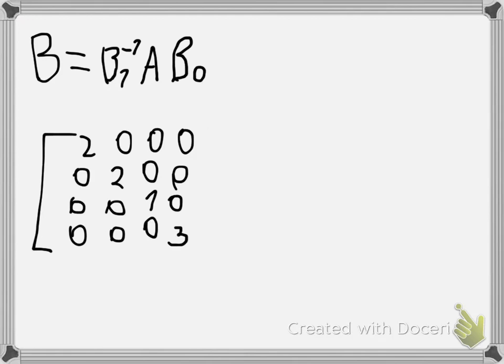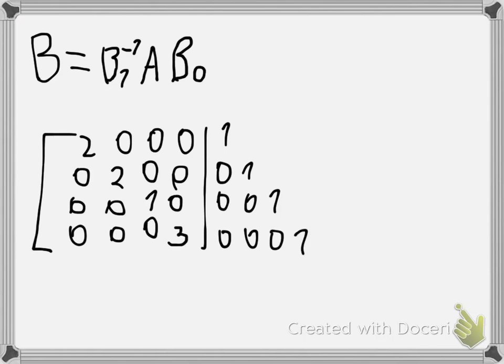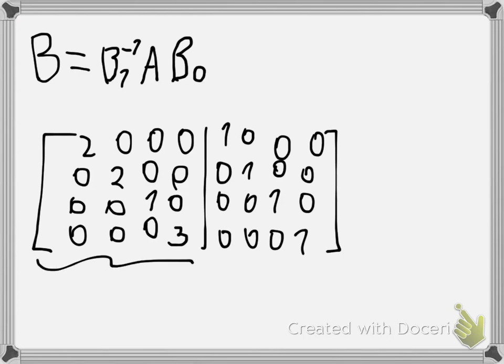To find the inverse of that, you write your matrix, and next to it you write the identity matrix. There are several methods to find the inverse, but here we'll use this one. Now the goal is to find the identity matrix on the left side, where we have our matrix, and we will use Gauss-Jordan to find the inverse.